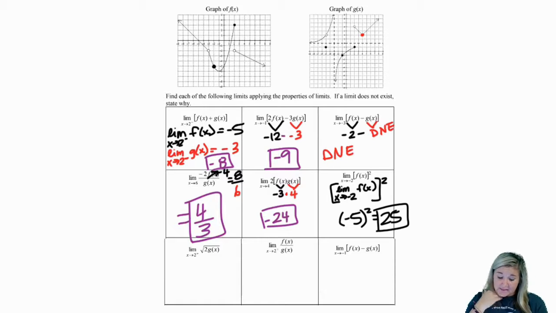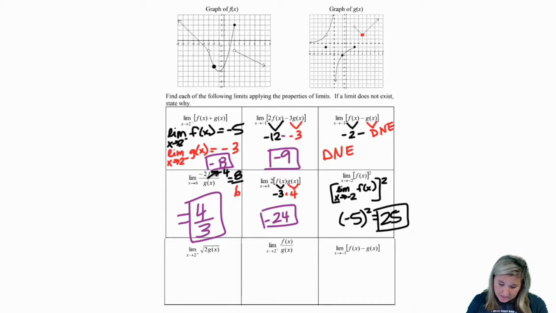So the limit as x approaches 2 from the right of the square root of 2 times g of x. We didn't really talk about this, but remember with the square root, that's like raising something to the 1/2 power.